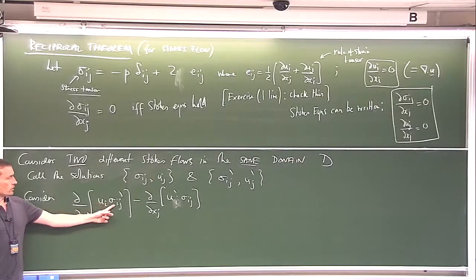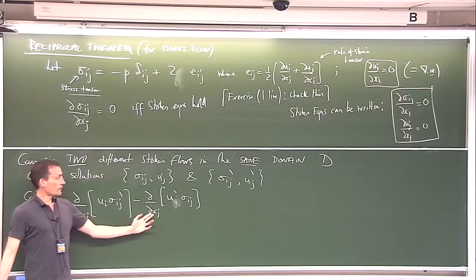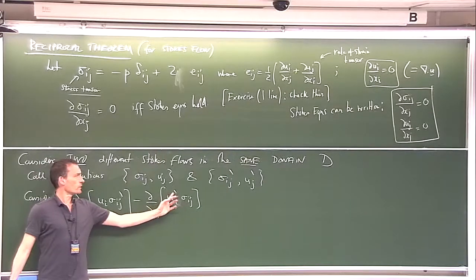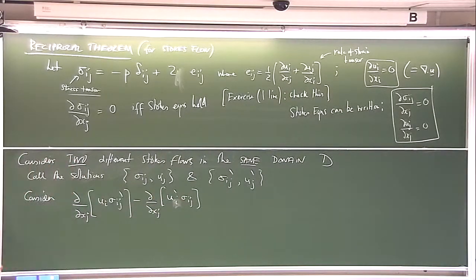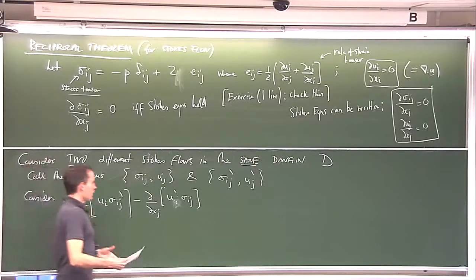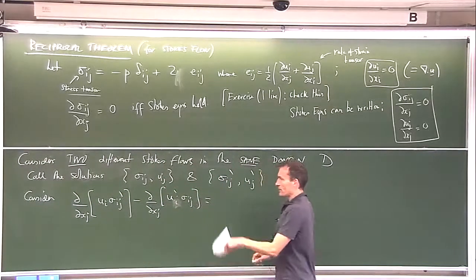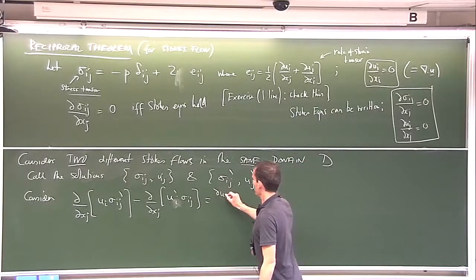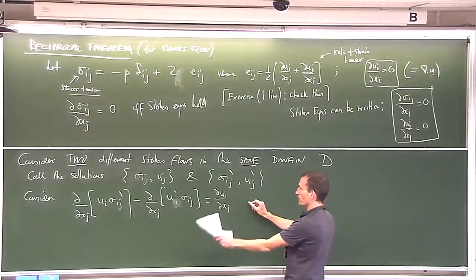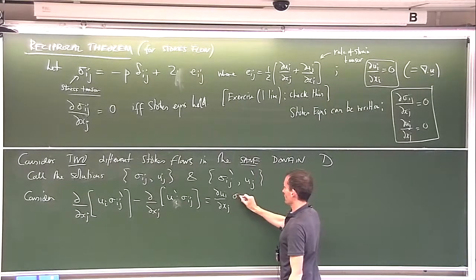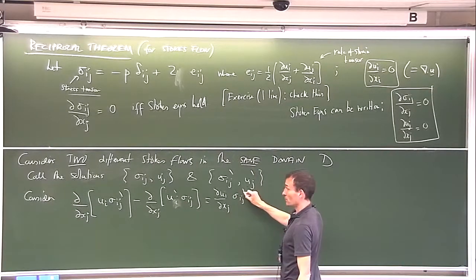So we've got these two, and then we take this x derivative, and then we're going to subtract the same thing, but with the roles swapped, u prime with sigma. Okay? Let's just expand this out. So we get du i by dxj sigma ij prime plus ui d sigma ij prime by dxj. Please watch me so I don't make any mistakes. This is the product rule.